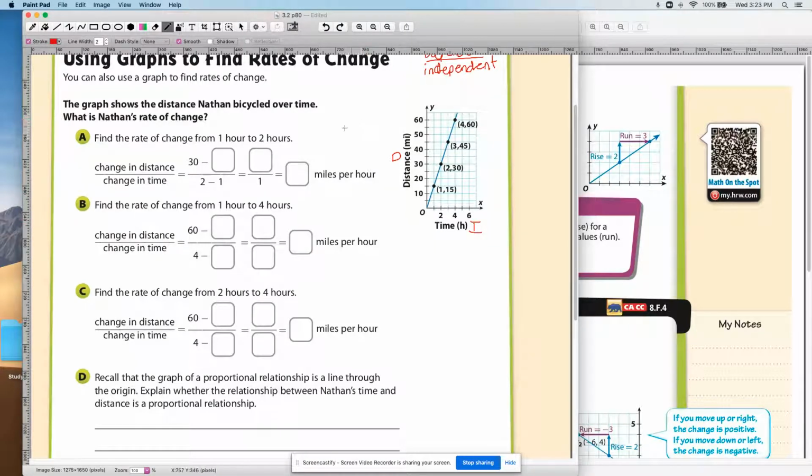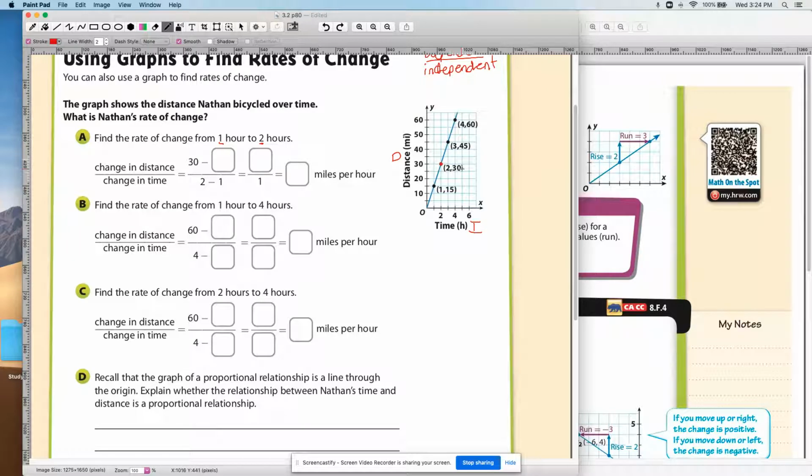All right. So A says, find the rate of change from 1 hour to 2 hours. And they gave us some information, but not all of it, so we just need to fill in the rest. So the change in distance, because distance is the dependent, over the change of time, which is the independent variable. So the 2 hour mark, here's 2, we're going to go all the way up. This is the 2 hour mark.